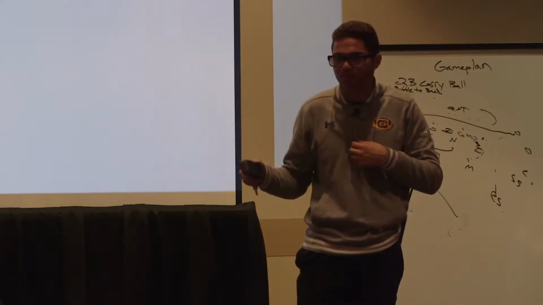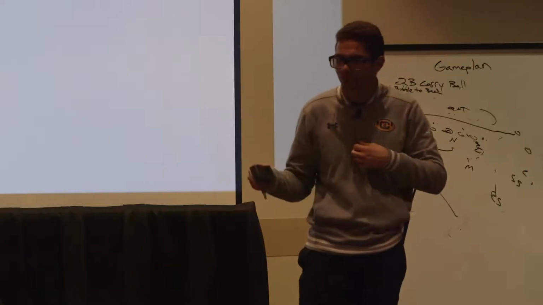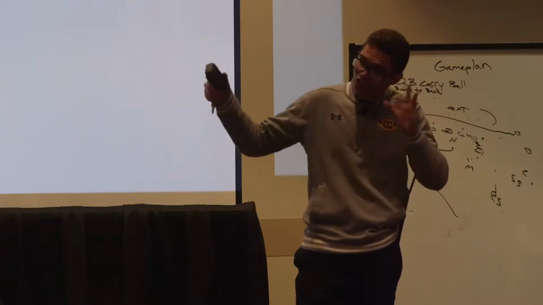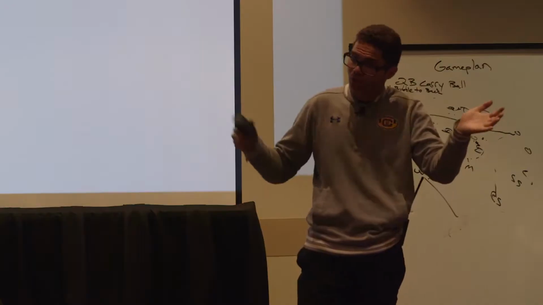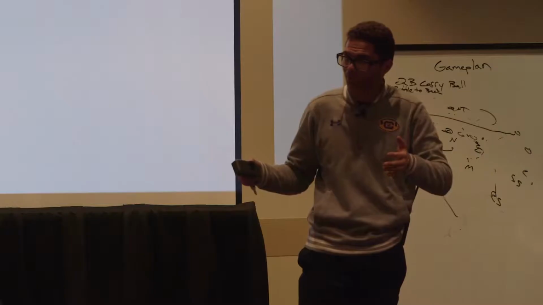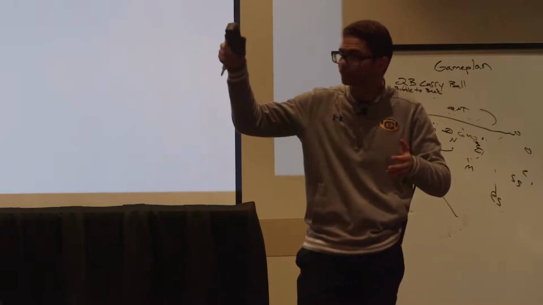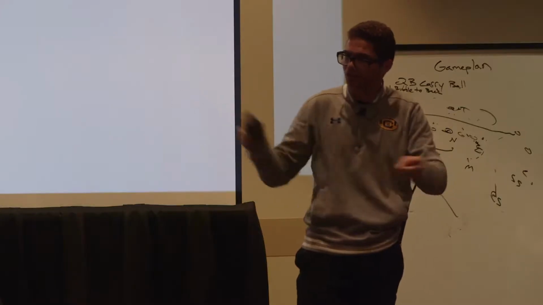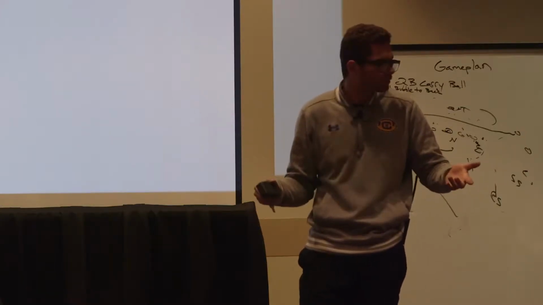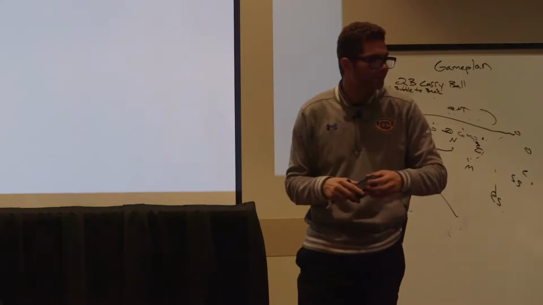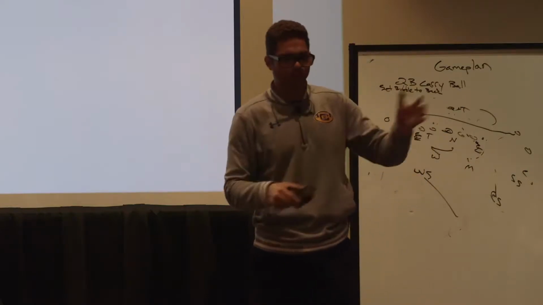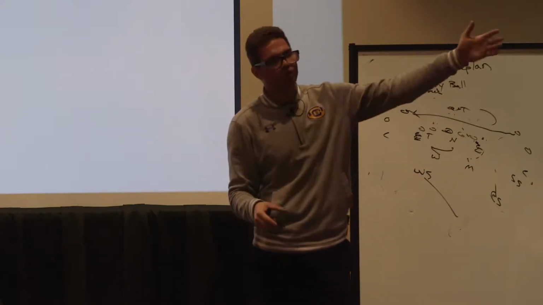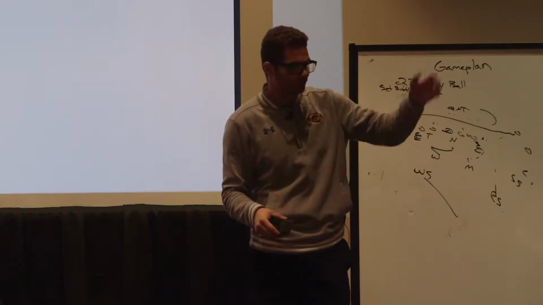If I'm getting a lot of fly sweep and I want to set the edge on fly sweep, then I want my jet end away from the side they're probably going to run the fly sweep, so he can set the edge using a race technique. Then I got to adjust all the motions in a particular manner. Race technique. We tell them, either the back's to my side, or let's say we're getting certain jet sweeps from a particular side.